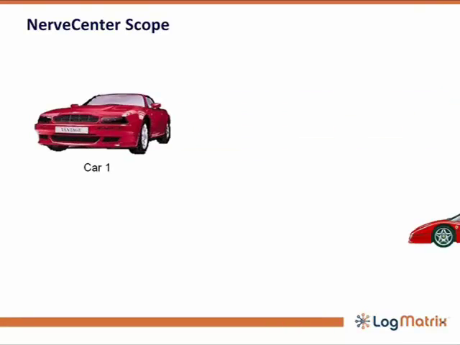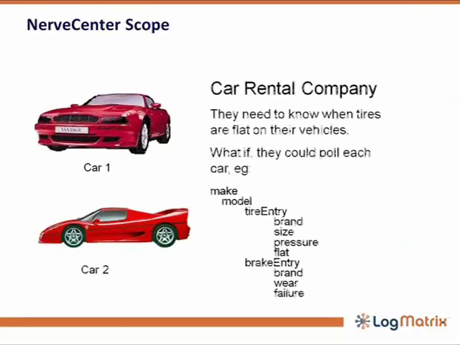Car 1 is an Aston Martin, and car 2 is a Ferrari. Let's say we're a car rental company and we rent expensive automobiles. When something happens to a car in the inventory, they need to know about it so that they can have it fixed, and so that they know it isn't available for renting.